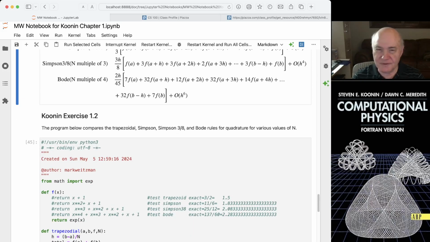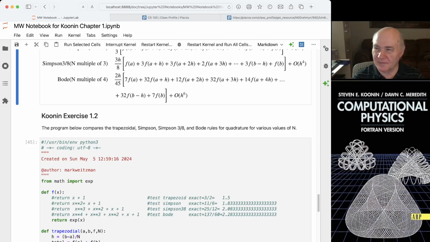And then there's a formula which Kunin calls Bodhi, but on Wikipedia I looked it up and it's Boole, so I think there's some misspelling here. But anyway, this is an involved formula, 2 over 45, and the endpoints get factors of 7, and then it goes 32, 12, 32, 14, and repeating, but you'll end with 32.